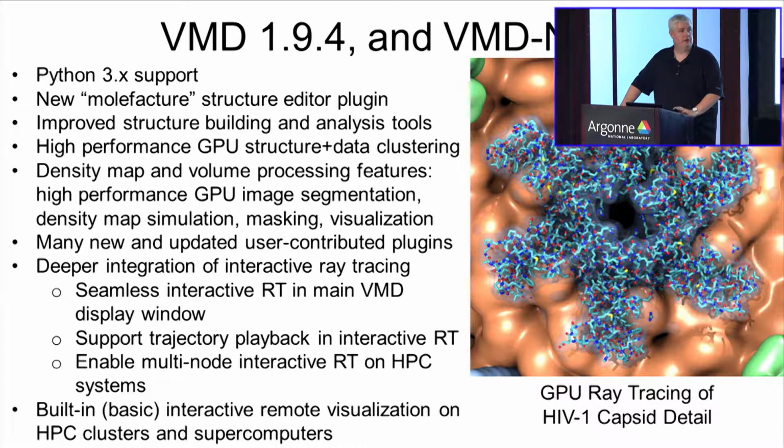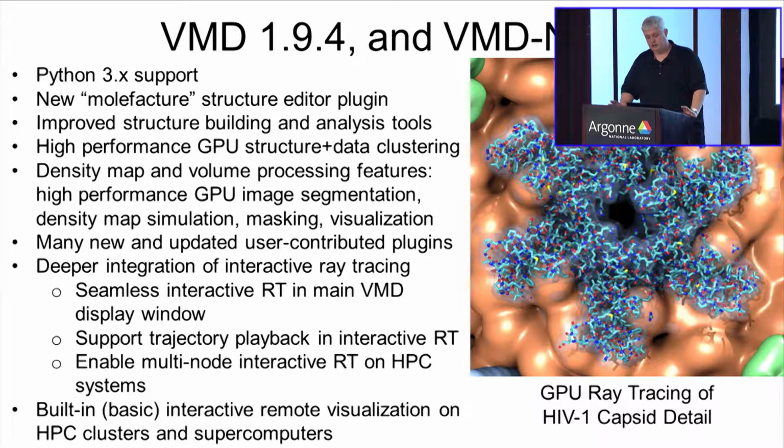Another thing that we've exploited that with is processing of volumetric data of various kinds, particularly tasks that are strongly correlated with experimental imaging data. So things like image segmentation, density map masking of various kinds, taking an atomic structure and creating a synthetic density map so you can compare an atomic structure versus an experimental structure. And then many other new and contributed plugins.